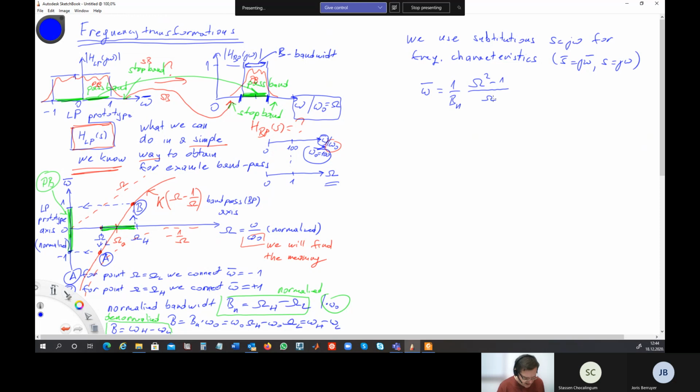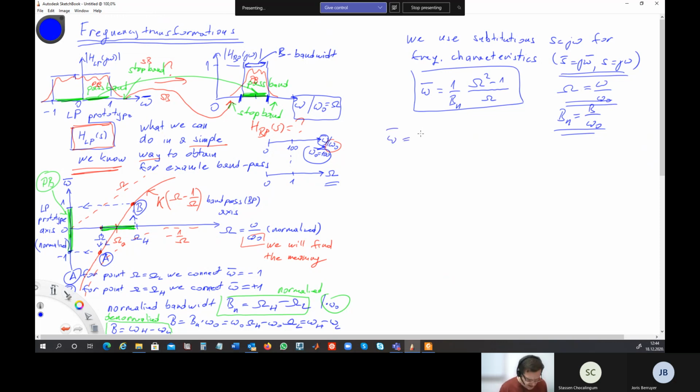So this can be, using this knowledge here and using the knowledge that omega is omega over omega 0, and again Bn is B over omega 0. Using all of this, here we can continue.